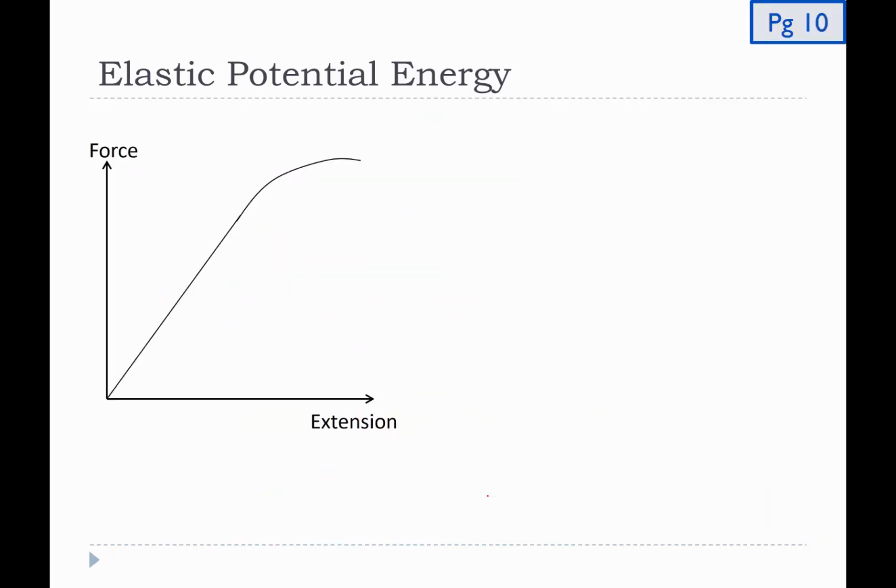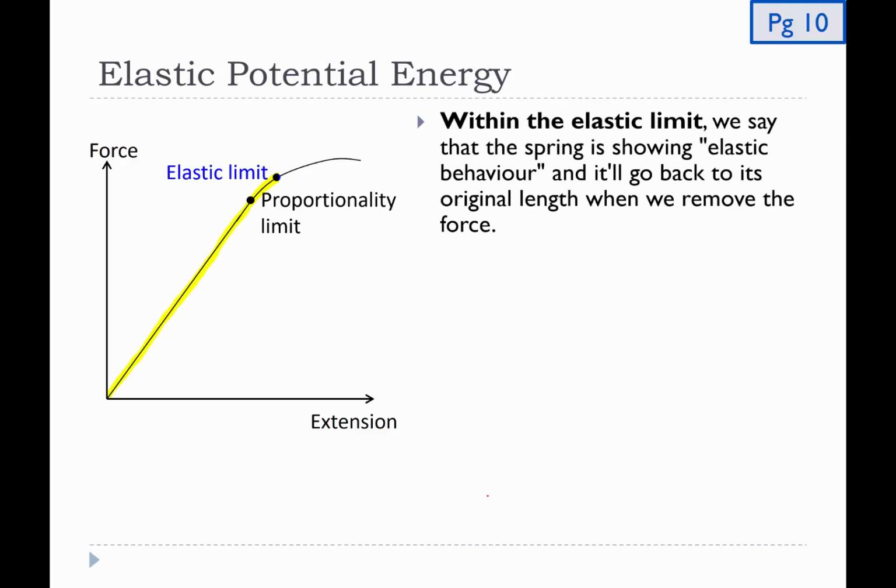So moving on to describe the difference between the proportionality limit as well as the elastic limit. Anything that is stretched within the elastic limit, we will say that the spring is showing elastic behavior, meaning that even beyond the proportionality limit, as long as it's stretched before the elastic limit, the spring will go back to the original length when we remove the force.